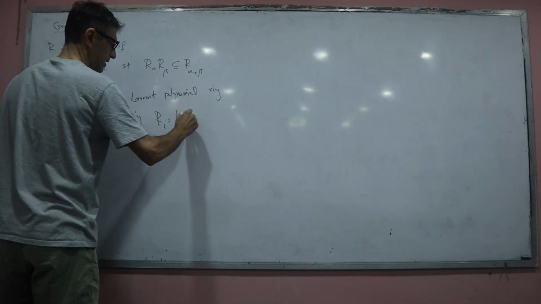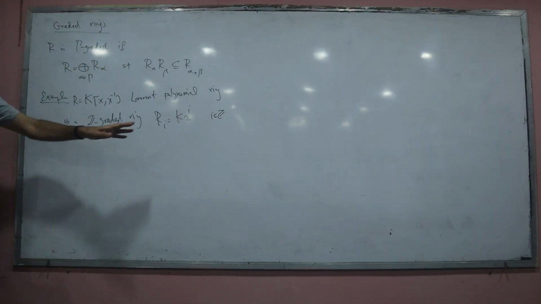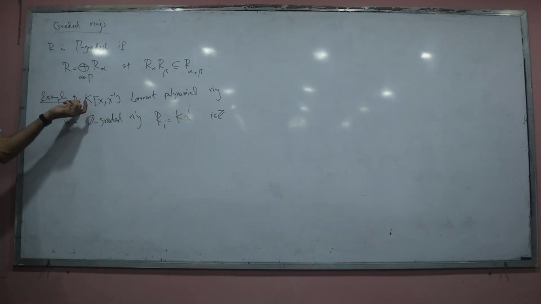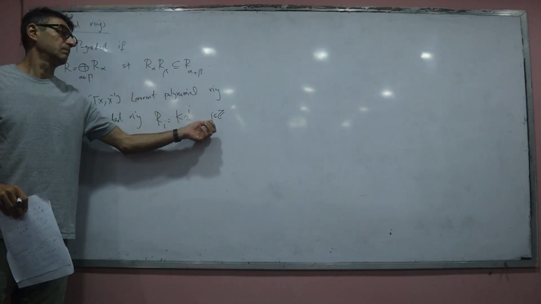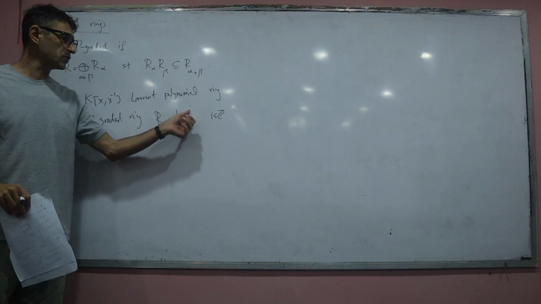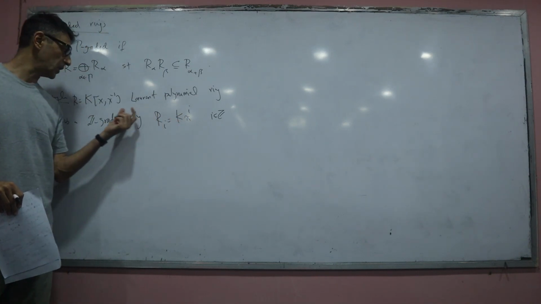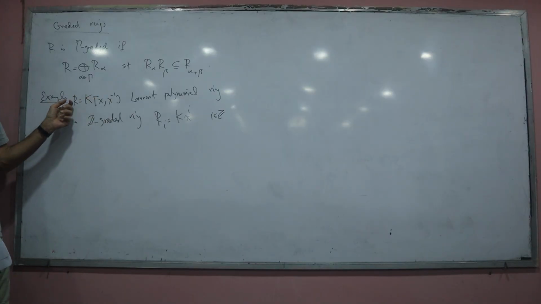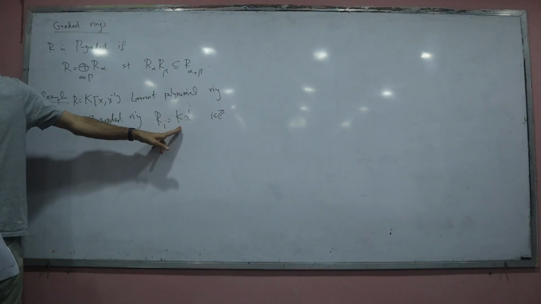K, X to the i, with i coming from the integers. If I pick 2, then K, X to the power of 2 is just one part of these polynomials, and any polynomial is the sum of these monomials, right?